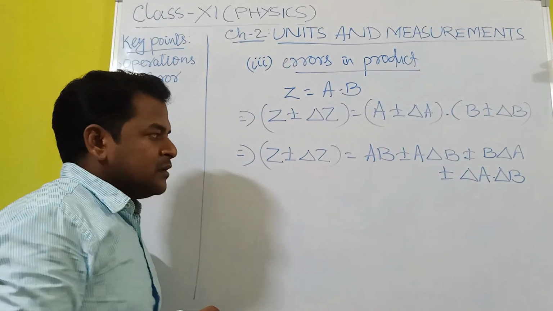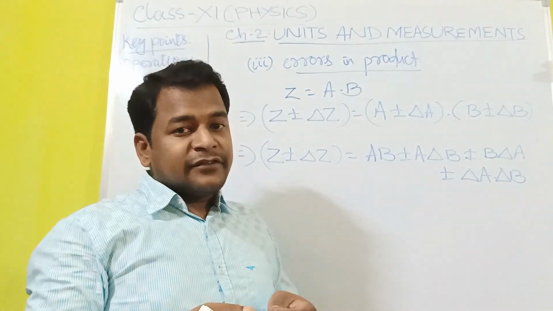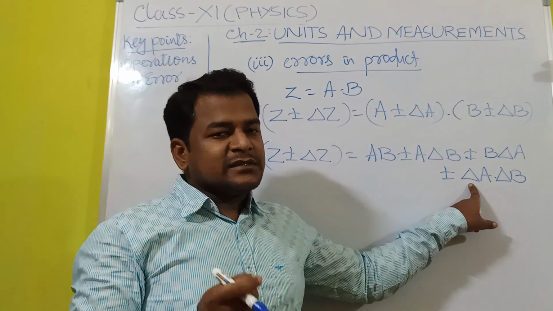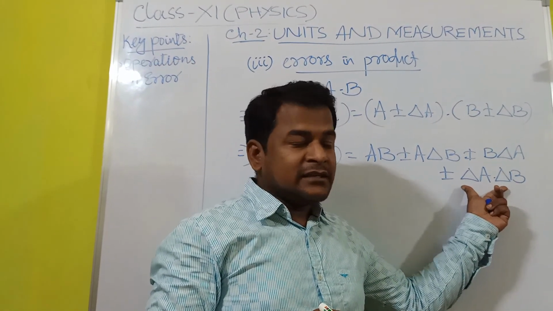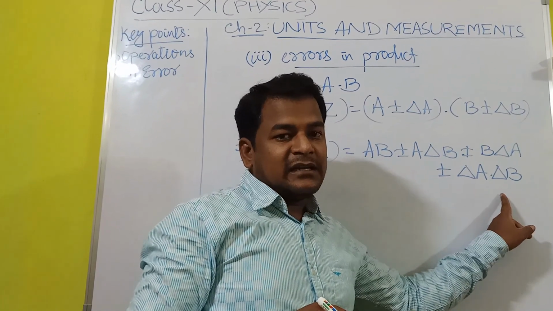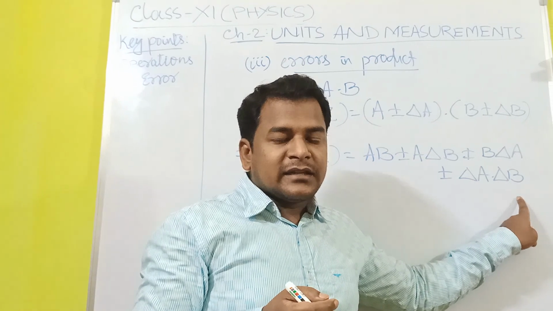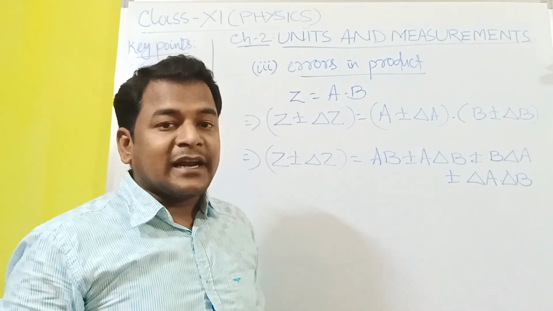Look, one thing: delta means difference. In case of errors, the delta is a small quantity, and here double deltas are there. So the product of double delta is a very small quantity, so this quantity may be neglected.